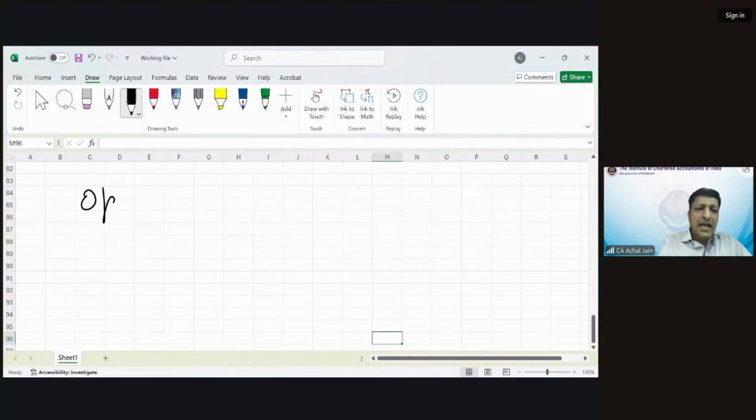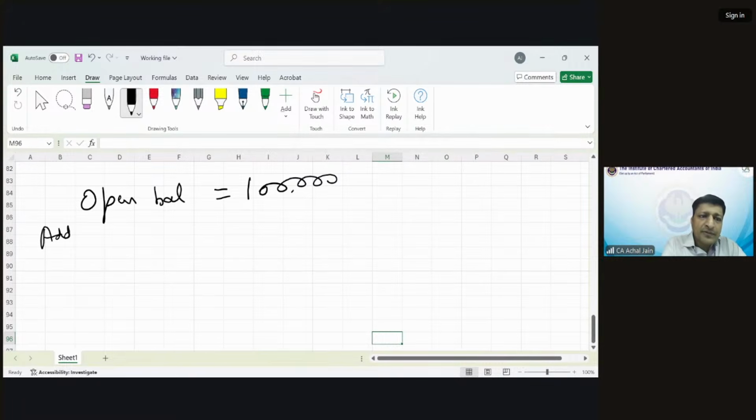See, the opening balance is given to us. What is that? 1 lakh. To this opening balance, there has been an addition during the year. What is that? We are given an addition of 49,000 has taken place.